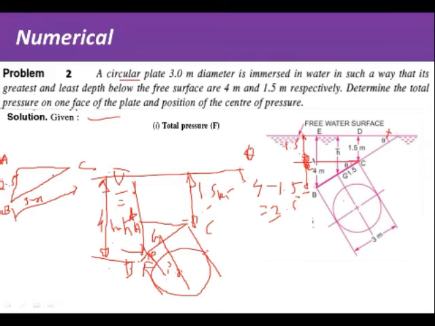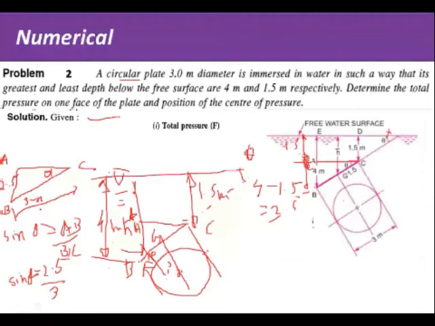So in this triangle ABC, we can find the value of sine theta. Sine theta is opposite AB upon hypotenuse BC. So what will be the value of sine theta? 2.5 upon 3. No need to find the value of theta. We will keep the value of sine theta as it is, because we need only sine theta ahead.